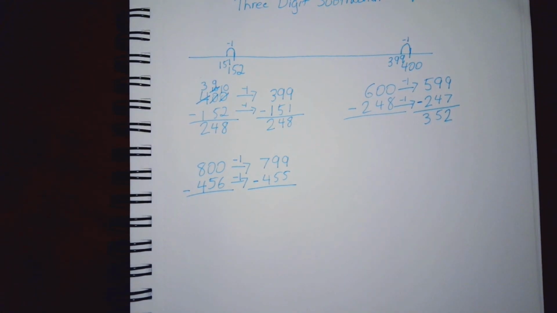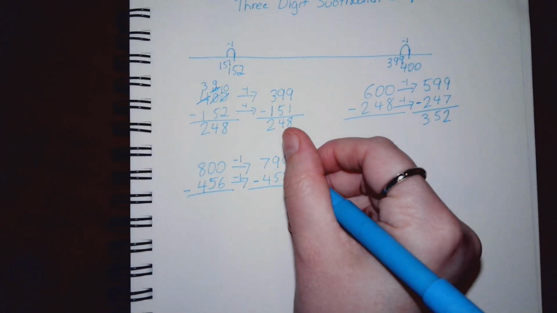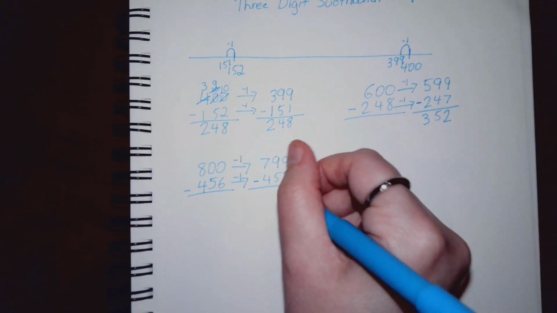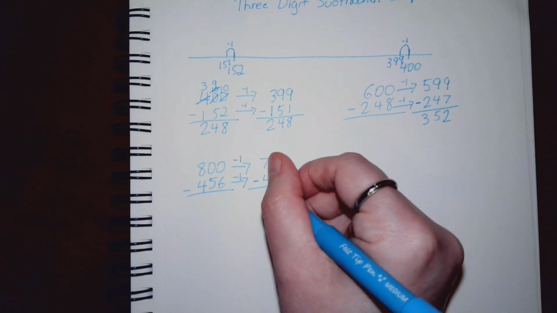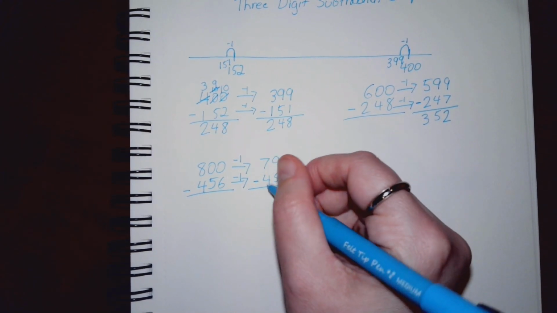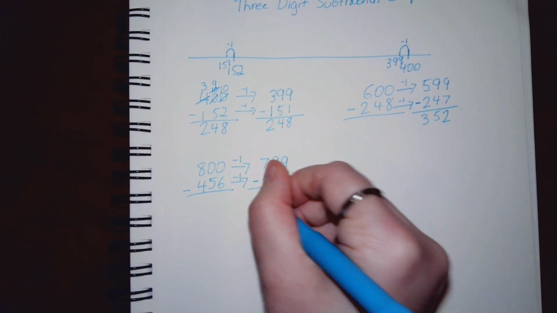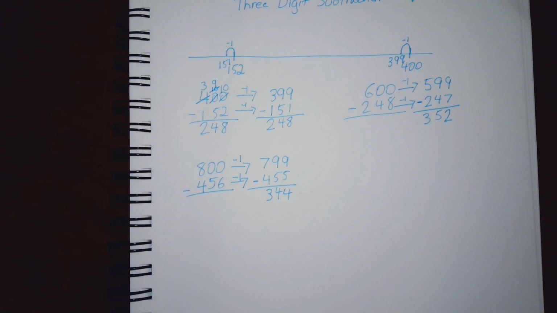Make sure you put your minus sign there to show what you're doing. So 9 minus 5 is 4. 9 tens minus 5 tens is 4 tens. And 7 hundreds minus 4 hundreds is 3 hundreds. So after subtracting, I get 344. And that is how you use compensation for 3-digit subtraction.